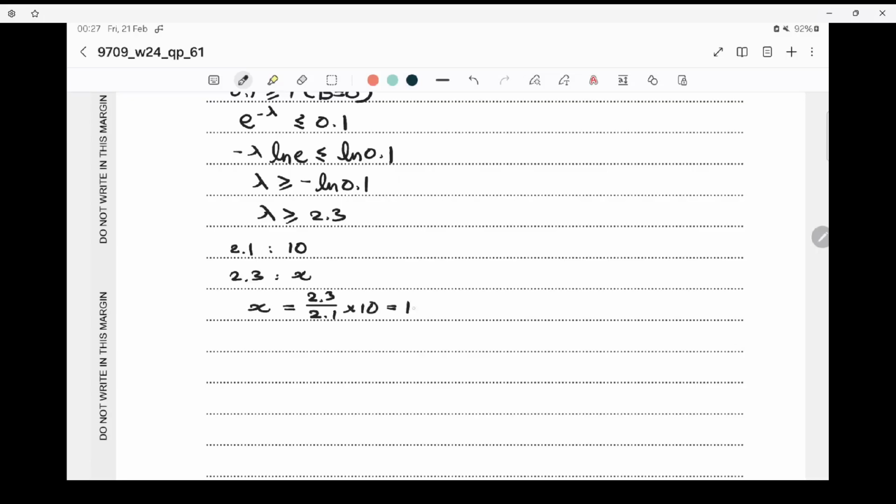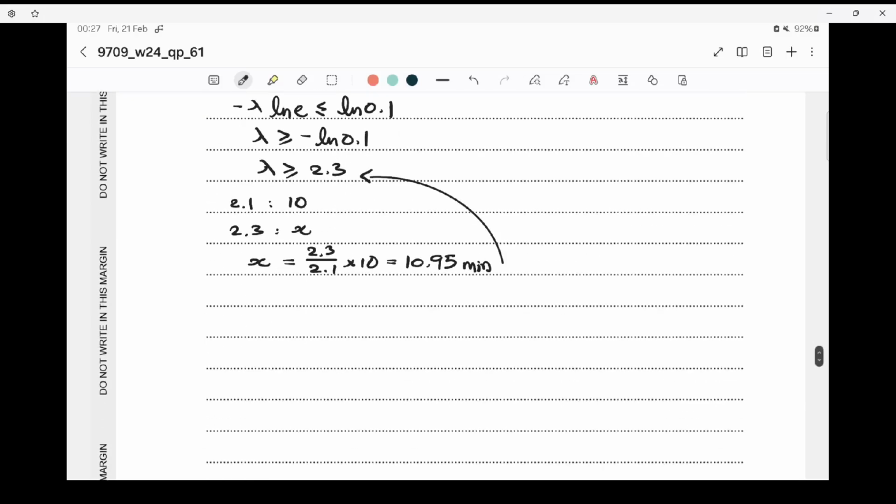So this is 10.95 minutes. Because of this particular symbol, you need to find the minimum time. So 2.3 corresponds to 10.95 minutes. Therefore, the minimum time should be 10.95, or you can round up to 11 minutes. So that will be our answer.